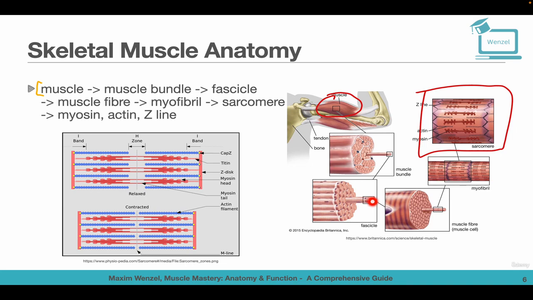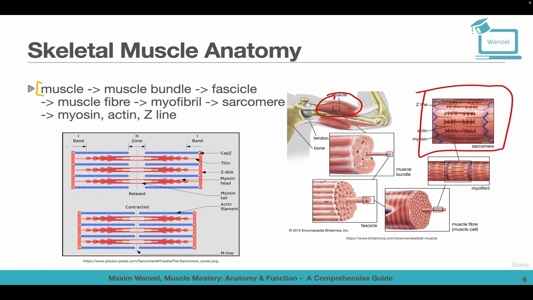And if we look at the fascicles, they consist of different muscle fibers, which are cells. And the muscle fibers consist of different myofibrils. And the myofibril consists of different sarcomeres. And now we're in the tiniest pictures.